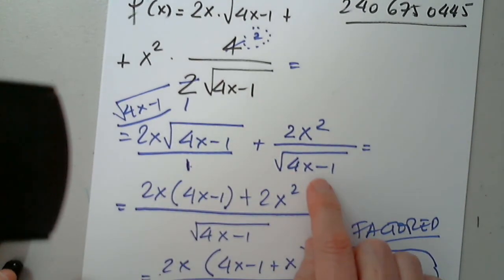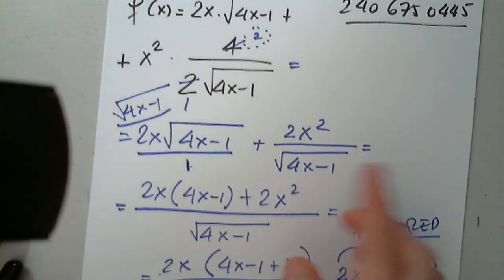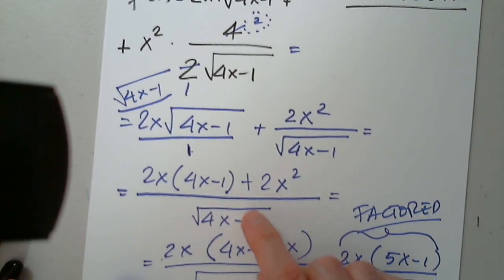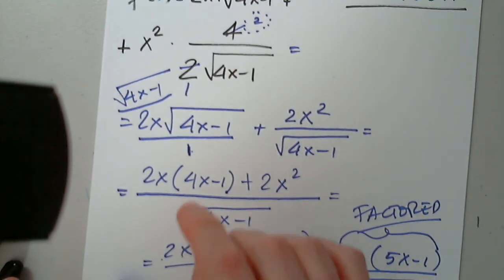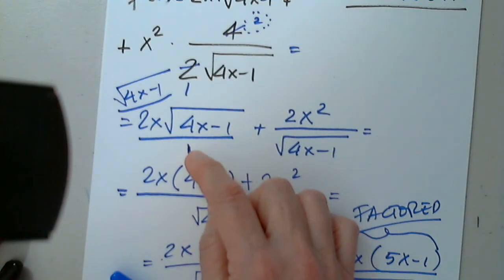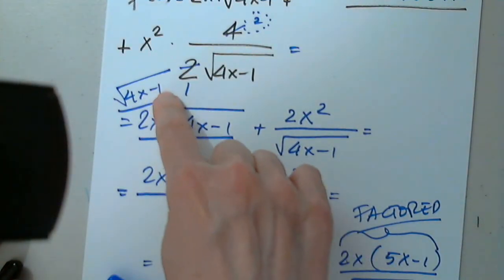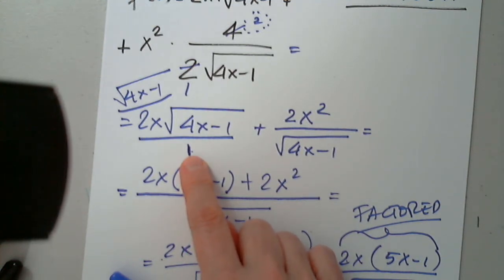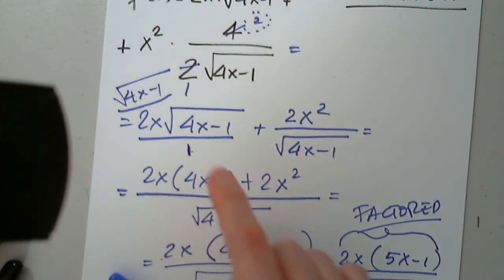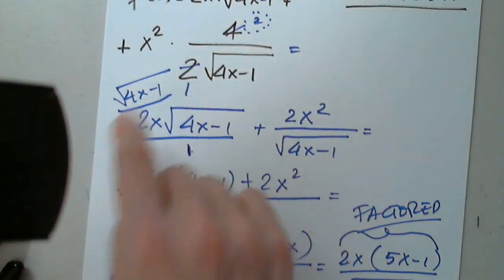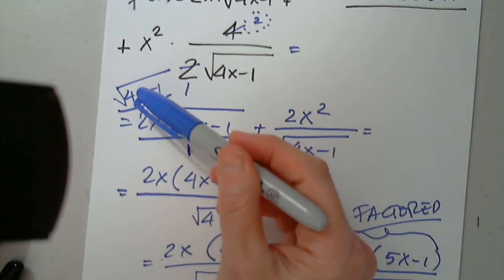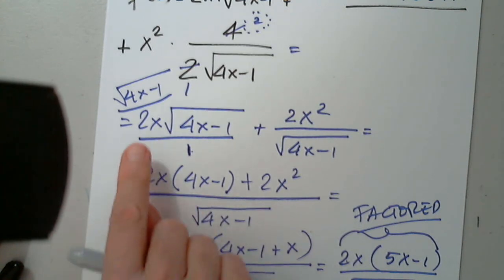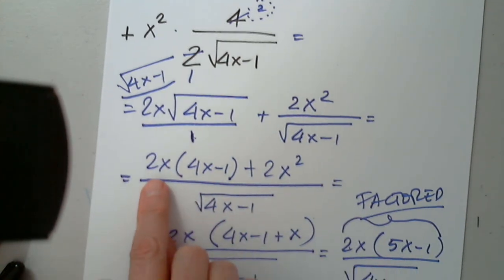I need to find the least common denominator, but there is only one denominator, so obviously that's the least common denominator. Because the denominator here is 1, I have to multiply the numerator by the square root of 4x minus 1. So when I multiply these two, I get 4x minus 1. I also have a 2x in front.